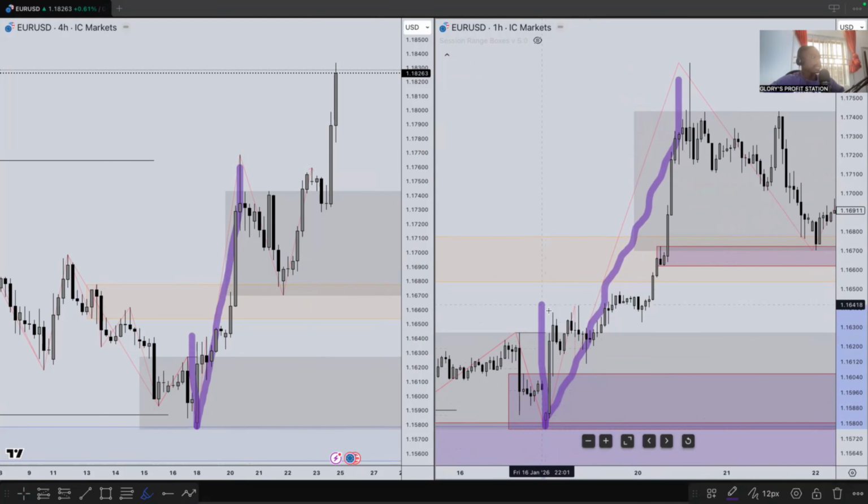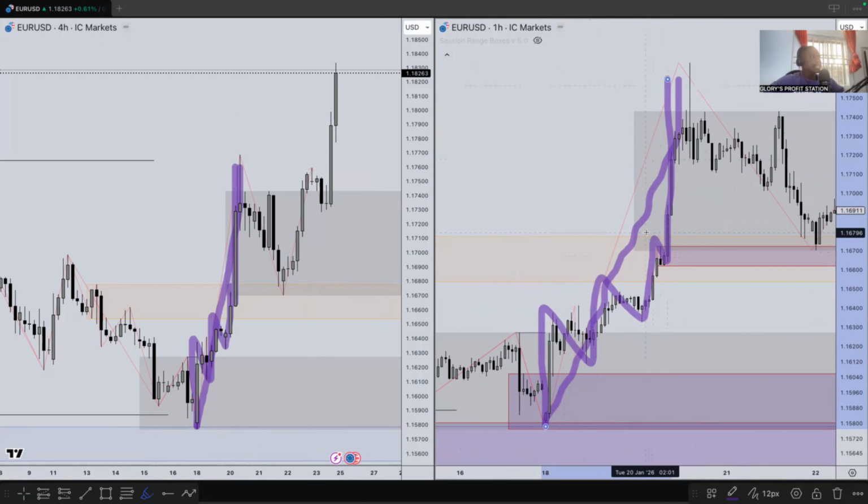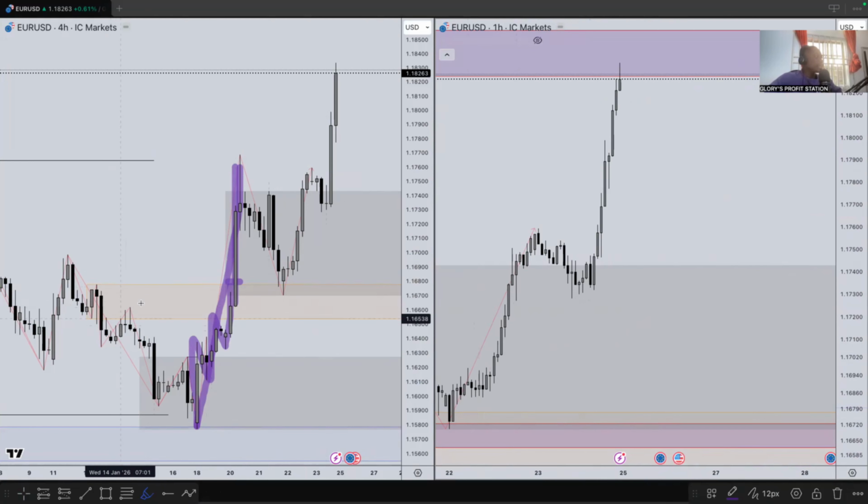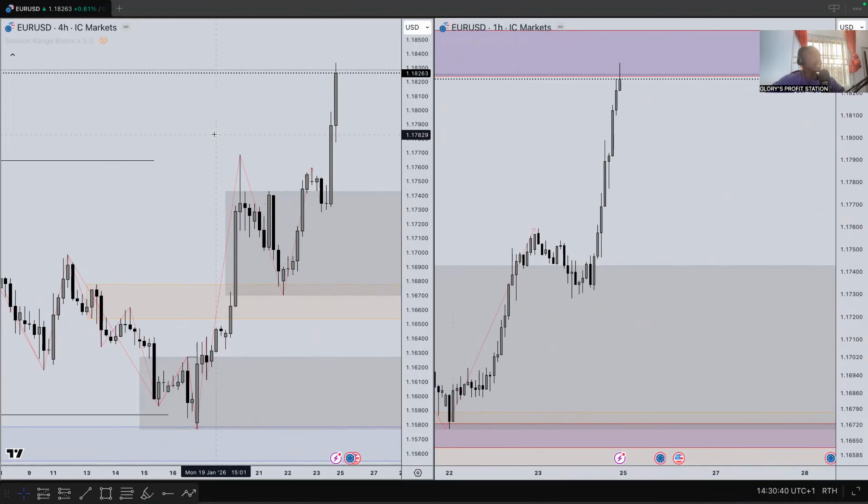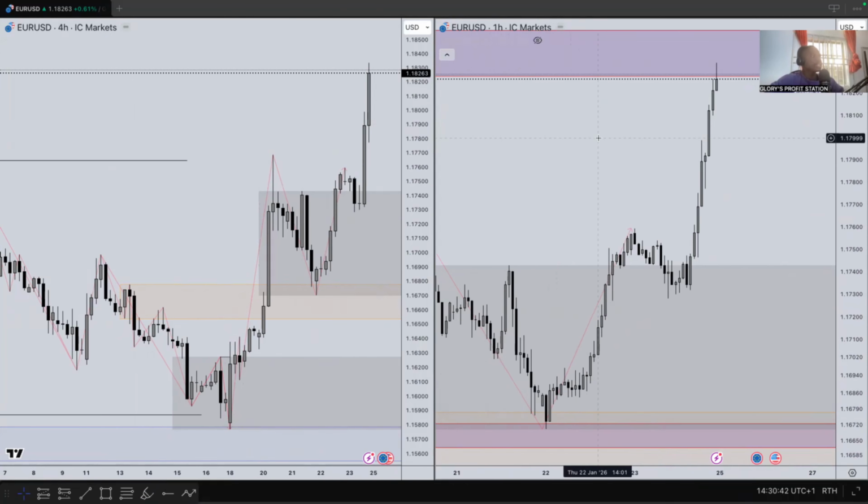So we have this high, low, high, low, high, low, high. So internal break of structure. On the 1-hour time frame, this is valid for a buy, but it's coming all the way from here on the 4-hour time frame. So there's alignment between what's going on the 1-hour time frame and what's going on the 4-hour time frame. And that was the reason for that trade, guys.